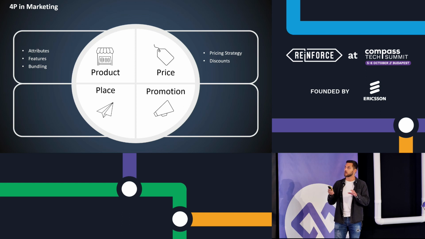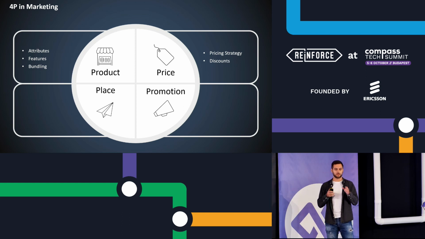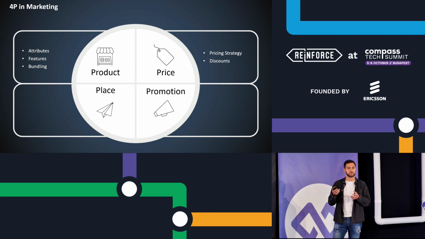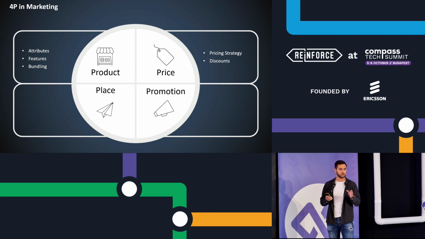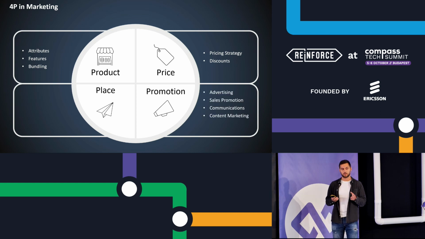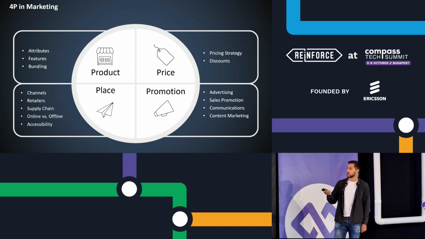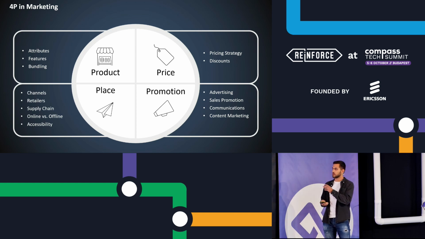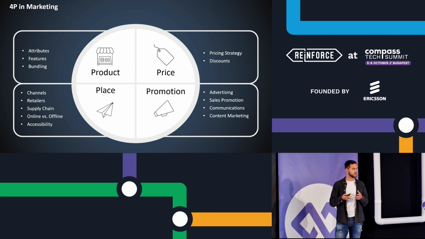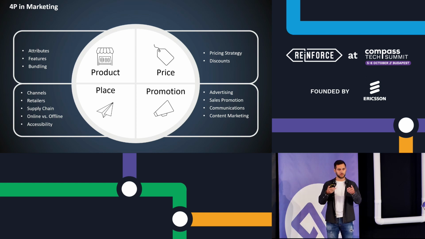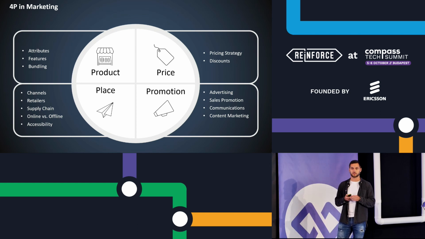This is the delicate art of pricing strategy, a dance between affordability and the perceived value by the customer, punctuated by well-timed discounts. Promotion, this is the heart of our marketing. This is the craft of a compelling narrative that resonates with our target audience. And the place, this is our channel, where we talk with our clients in a way very convenient for them. Someone prefers personal communication, someone prefers texting, and the place component answers this question.